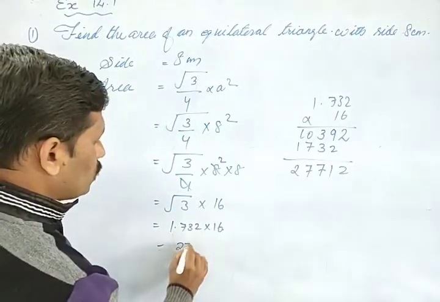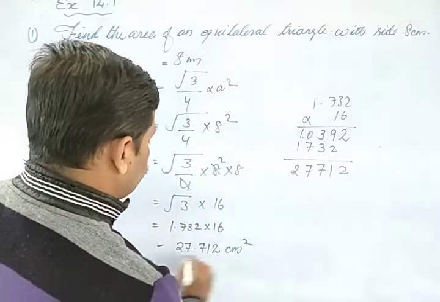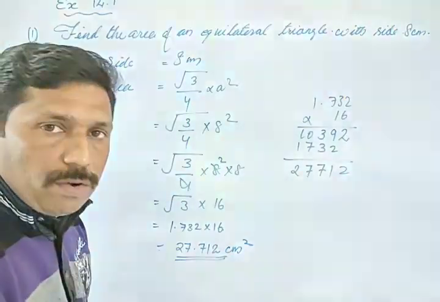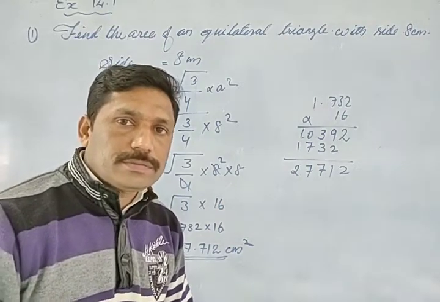We got 27.712 centimeters square. So this is the area of that equilateral triangle. I think students you understood it.